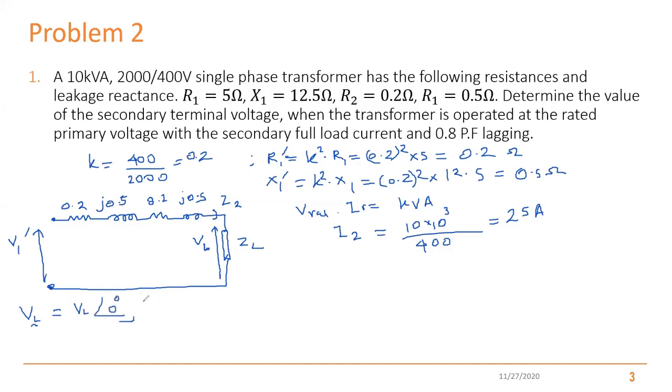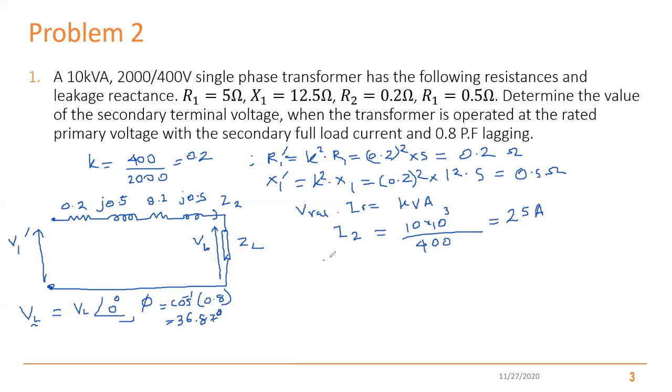The power factor angle phi is cos inverse 0.8, that is 36.87 degrees.